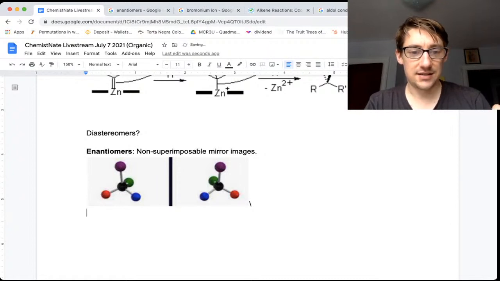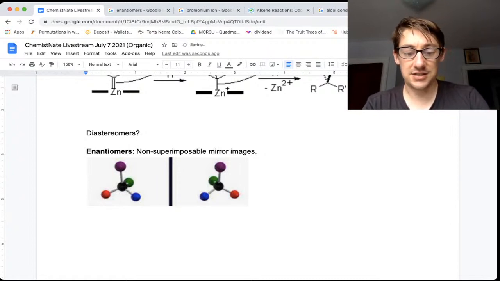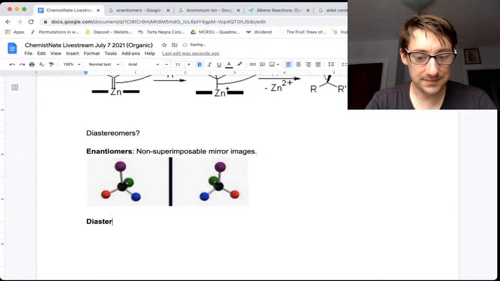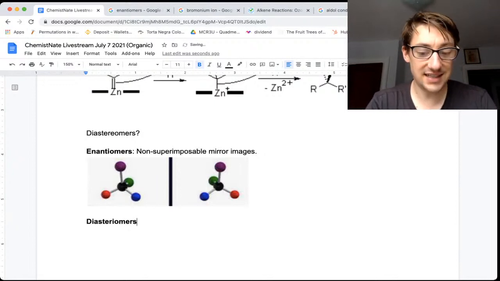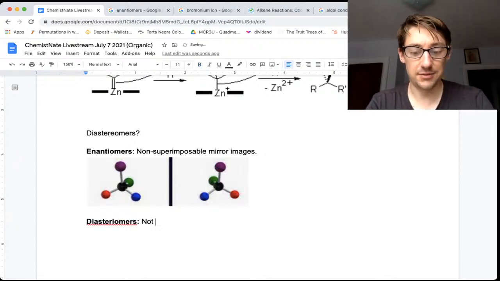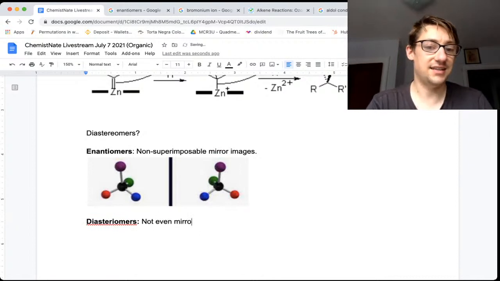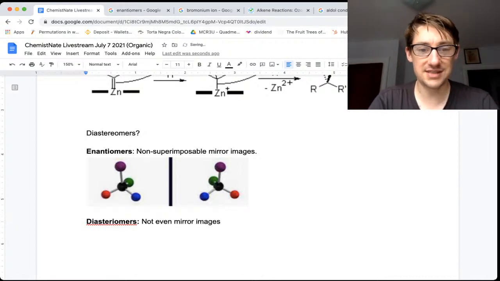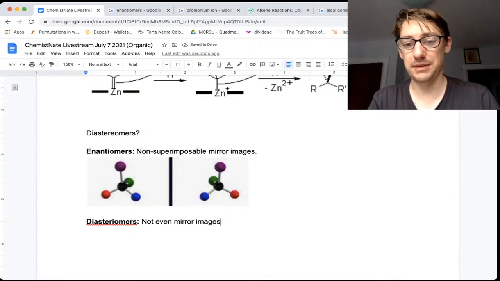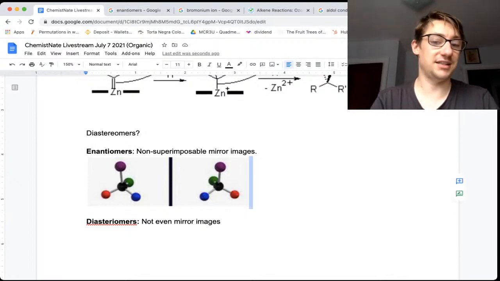Diastereomers are something different entirely. They're not even mirror images. It's not like they are superimposable mirror images. If they are superimposable mirror images, they're the same molecule.